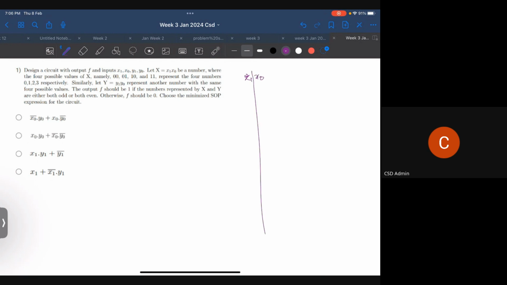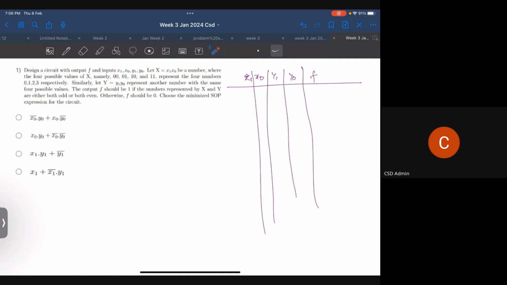There is another number, y1, y0. Then the output f. The question says the output f should be 1 if both the numbers are even or odd, so either both odd or both even, the output should be 1. So let's write the whole combination.